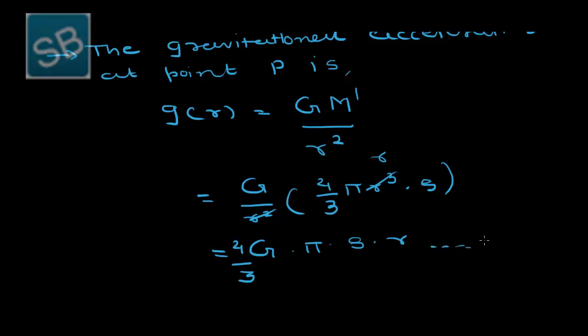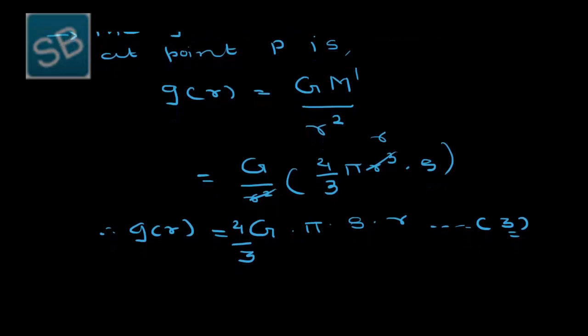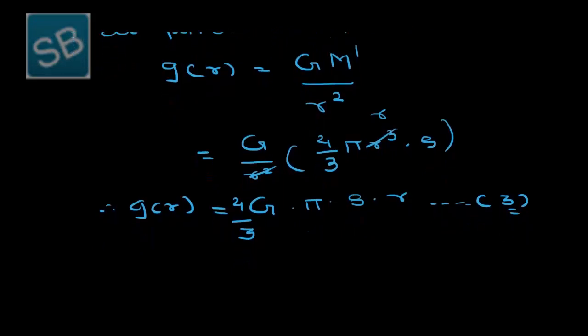So this is equation number 3 actually, g of r. And from this equation, the value of gravitational acceleration at the surface of the Earth. So for the surface of the Earth, I can substitute small r is equal to re.